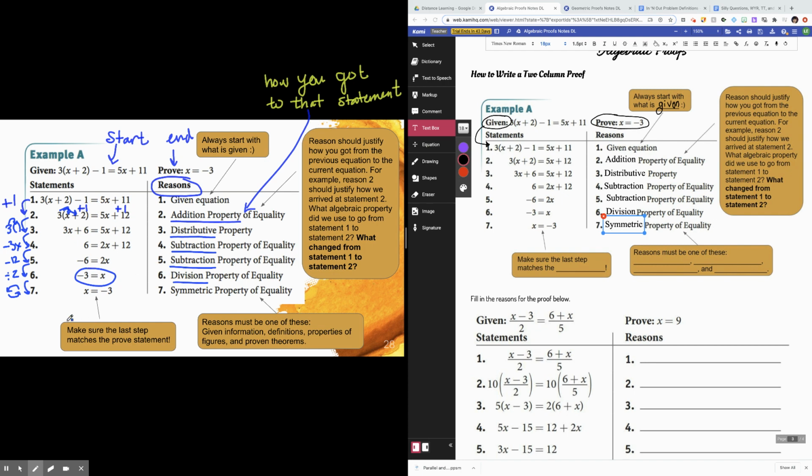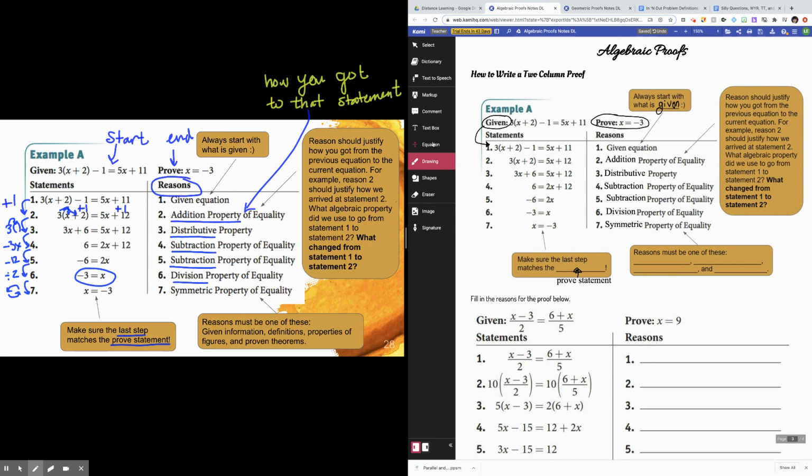The problem is that in a proof, your last step must match the prove statement exactly. Since the prove statement is x equals negative 3, then your last step must be x equals negative 3, exactly. You can't have it be out of order.